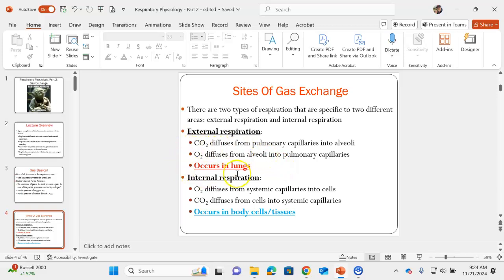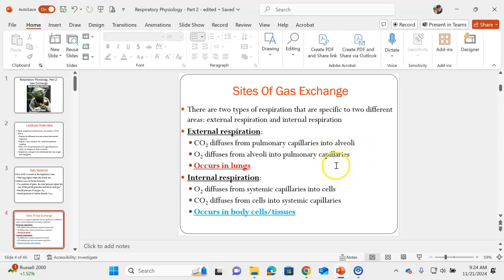And so in the lungs, what's called external respiration, here's what happens. The lungs, so the alveoli specifically, give oxygen to the pulmonary capillaries. So simplified even more, the lungs give oxygen to the blood. And then the exchange is the blood, the pulmonary capillaries, gives CO2 to the alveoli. The blood gives CO2 to the lungs.